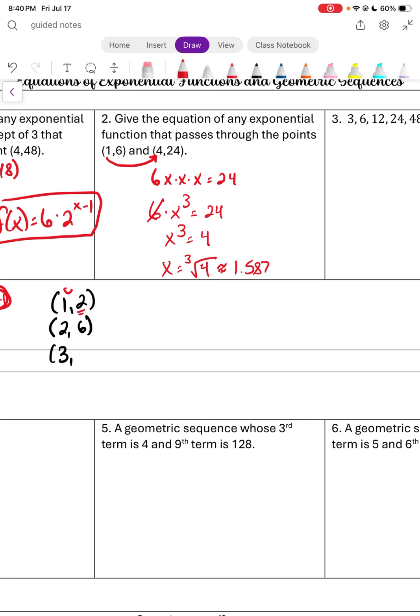Now that's enough information, but my function, like I said, really ugly function, is going to be, that's the first number, 6. So I'm going to start at 6, and I'm going to multiply by 1.587 to the x minus 1 power over and over and over. And you can check that. You can plug in the fourth, which means you're going to multiply by 1.587 3 times, and it'll be approximate, but you will get that 24 as an answer.